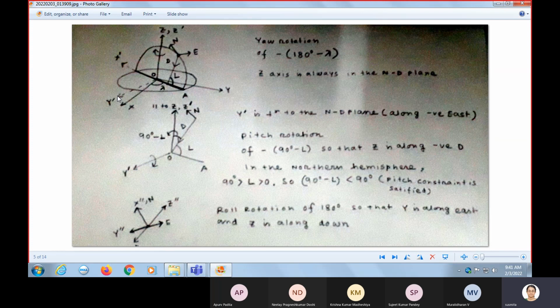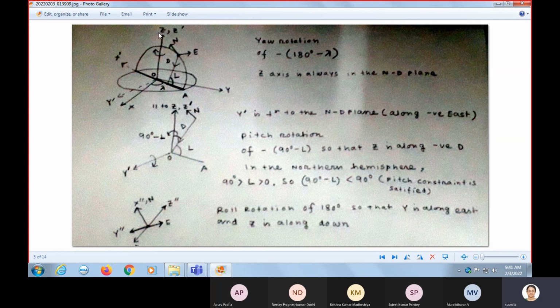Okay. Next, we'll apply a pitch rotation. Now, you should also note that this X prime axis is in the meridian plane. And north and down axes are also in the meridian plane. So X prime is actually in the meridian plane. Z is the axis of rotation, it is always in the north down plane.